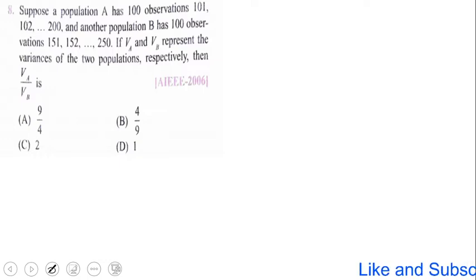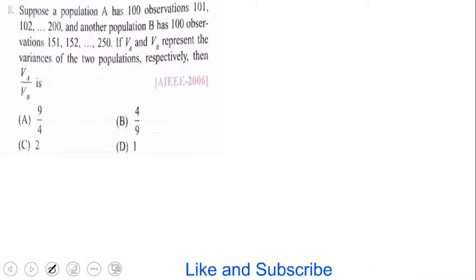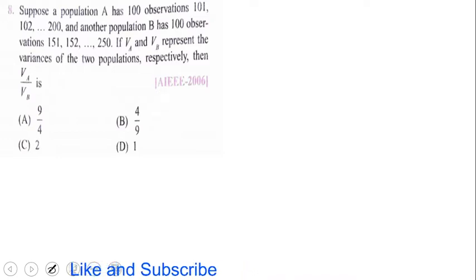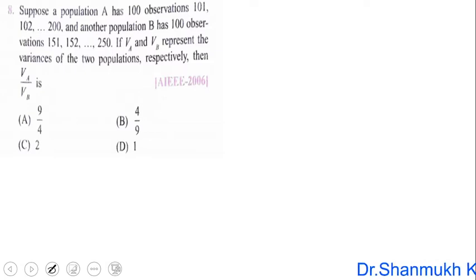If VA and VB represent the variance of the two populations respectively, then what is VA by VB? We will observe that variance remains unchanged on increasing each data by 50. So here the variance will remain the same.